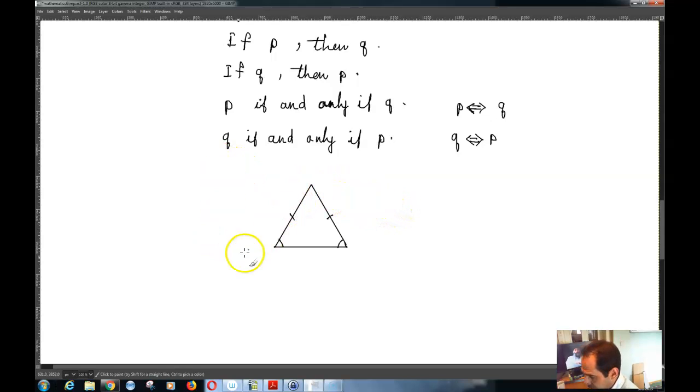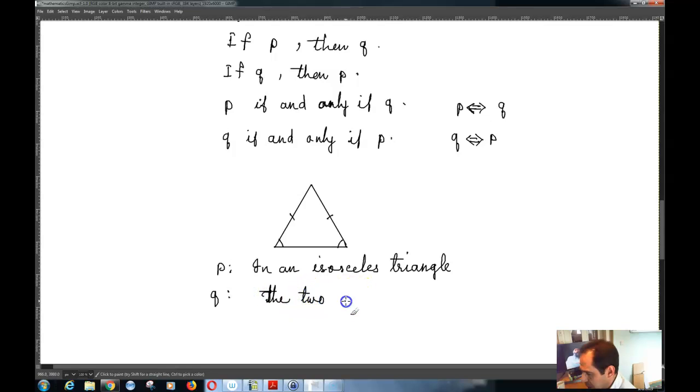So when that happens, take P as, for example, "in an isosceles triangle" and Q as "the two base angles are equal."